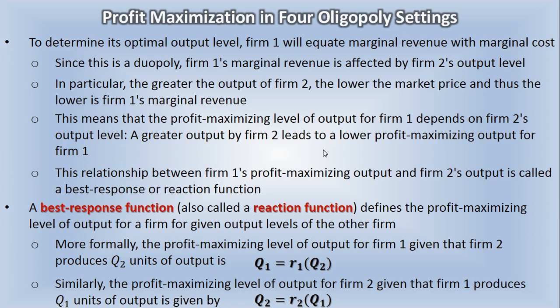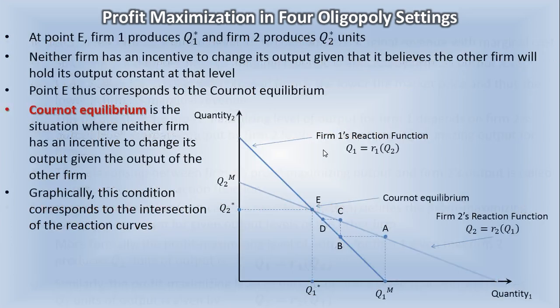So you have this extra variable, your opponent's output, which you need to take into consideration in this marginal revenue equals marginal cost relationship, which then allows you to derive your output as a function of your rival's output, called the best response or reaction function.